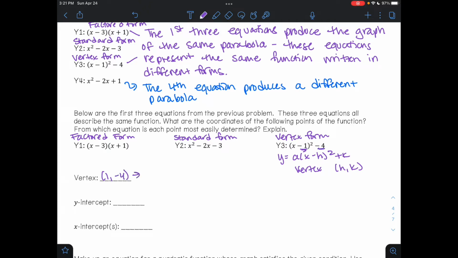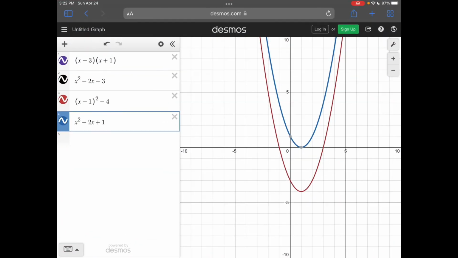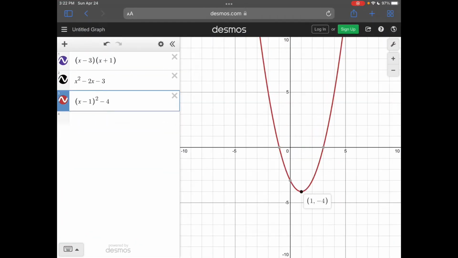So again, this is visible from vertex form. If you weren't sure, by looking at the equation, you could go back and look at the graph. And you can see here that this graph does have a vertex at the point 1, negative 4.